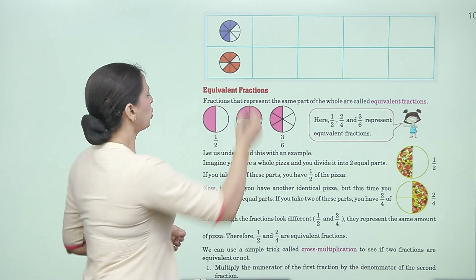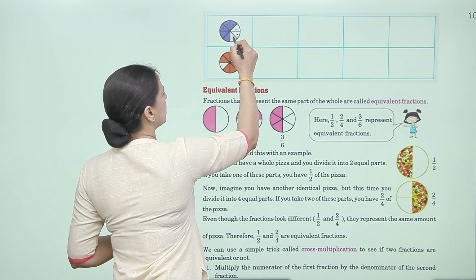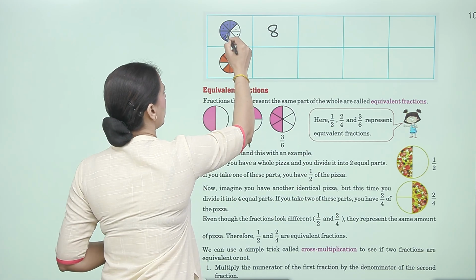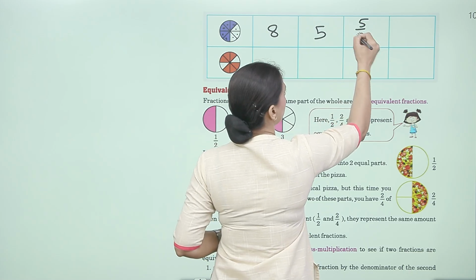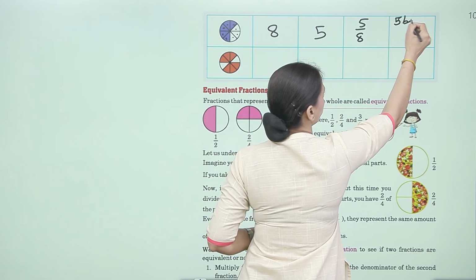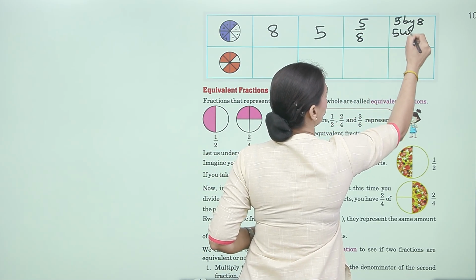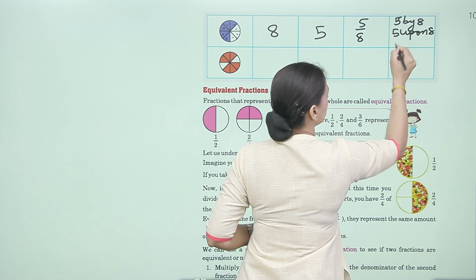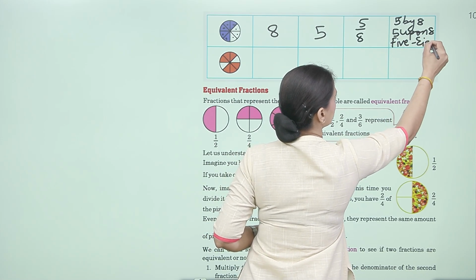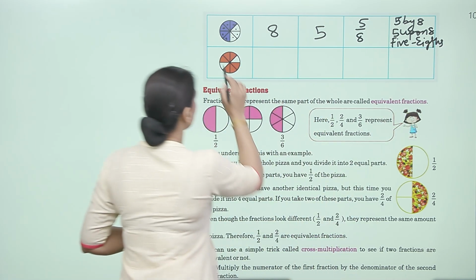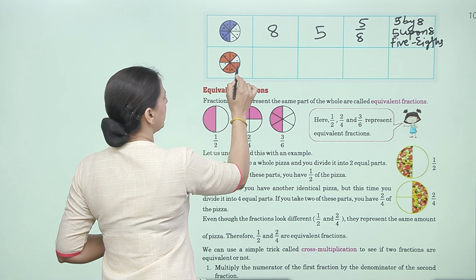Now next total is 1, 2, 3, 4, 5, 6, 7, 8, and 1, 2, 3, 4, 5 are colored. So 5 by 8, 5 by 8, 5 upon 8, 5/8. Next is 1, 2, 3, 4, 5, 6, 7, 8.